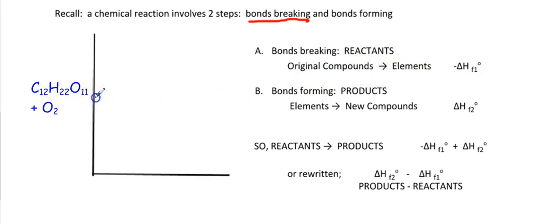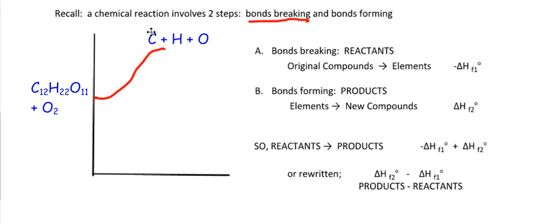So I need to start here, and I'm going to break some bonds. And what do I make up here? I'm making the elements of carbons and hydrogens and oxygens. So aren't I doing the opposite of my heat of formation? Yes, because a heat of formation is where I take the elements and make the compound.